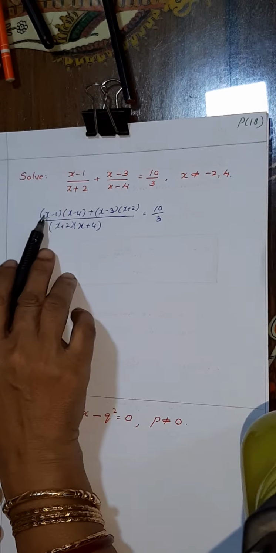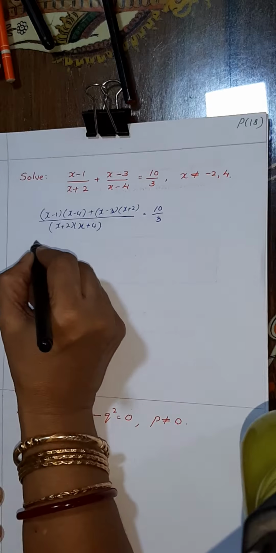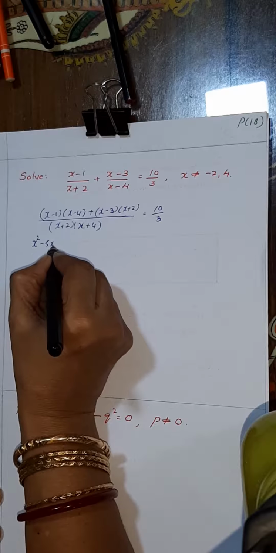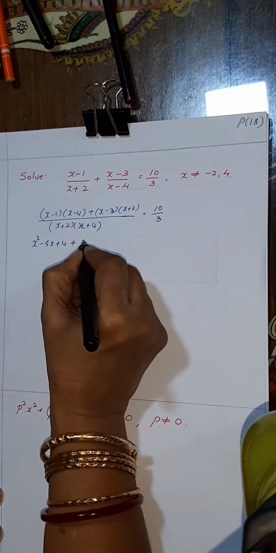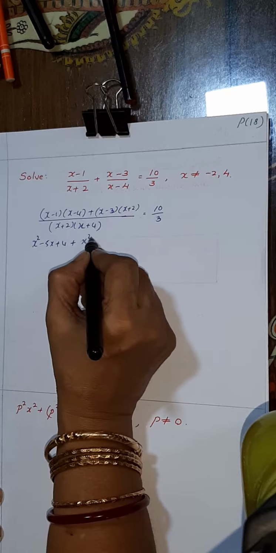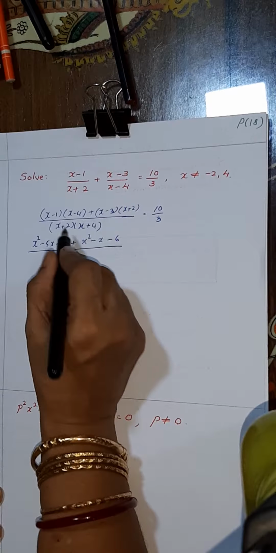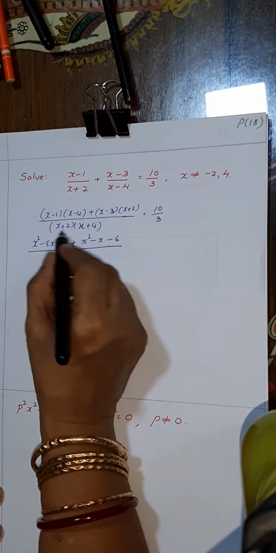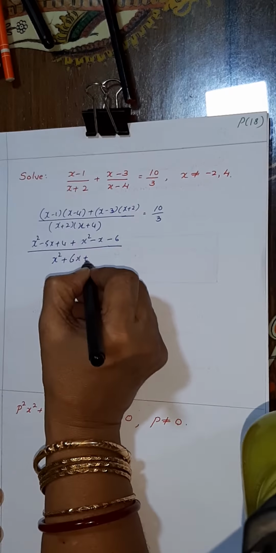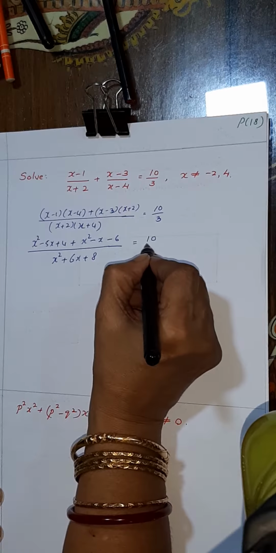Now this will become x squared minus 4x minus 5x, so x squared minus 5x plus 4, plus x squared plus 2x minus 3x will become minus x minus 6, by x squared plus 6x plus 8 equal to 10 by 3.